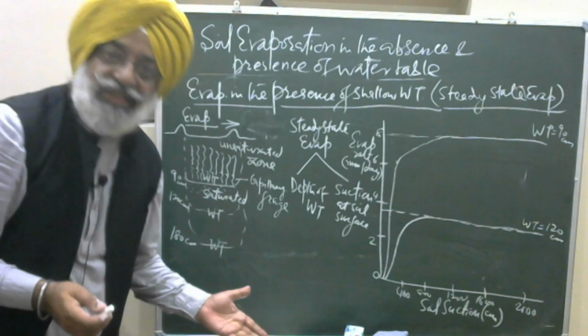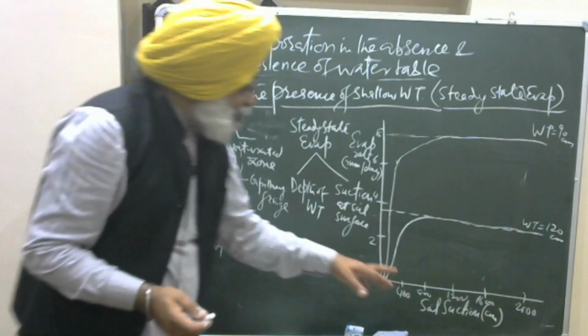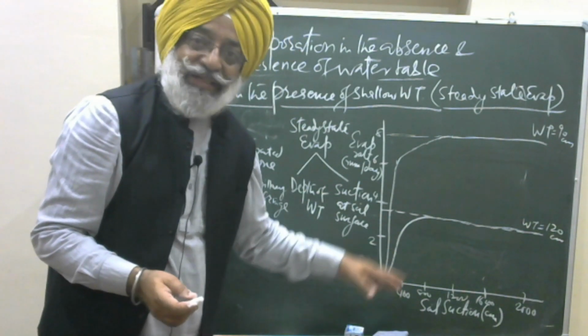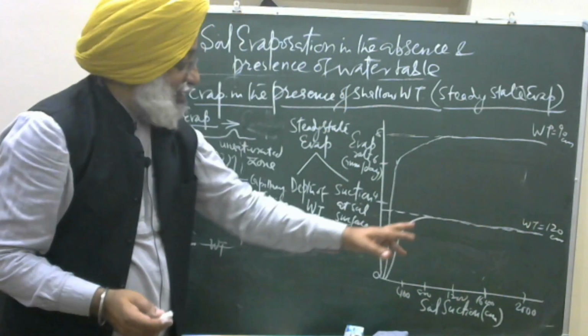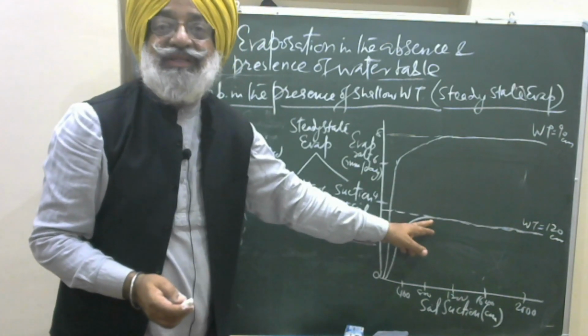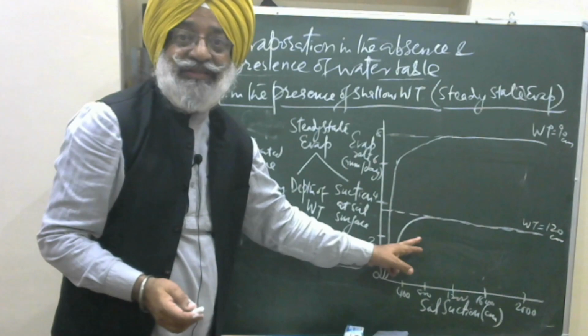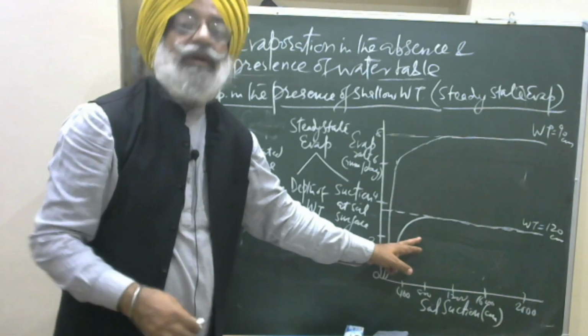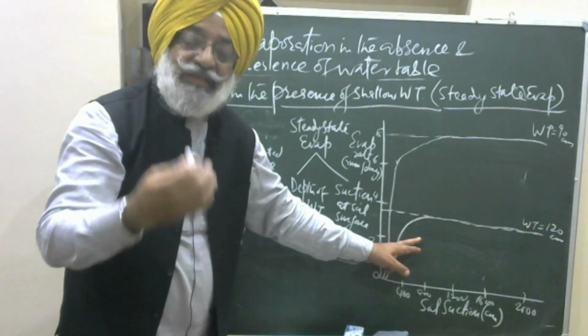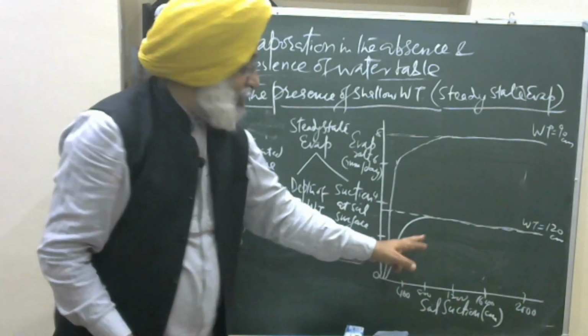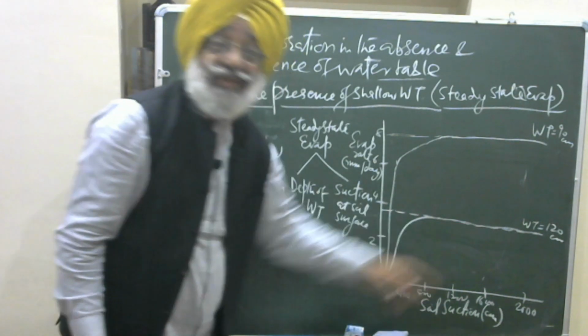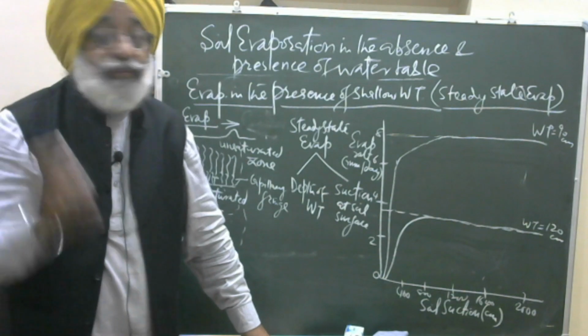Still, that means water is rising up as per the demand, but even if the demand increases, the evaporation rate is not going to change. After this value, say 500 or 600 centimeters of suction, or in other words, centimeters of evaporative demand, there is no further increase in evaporation rate. This is a very important point.